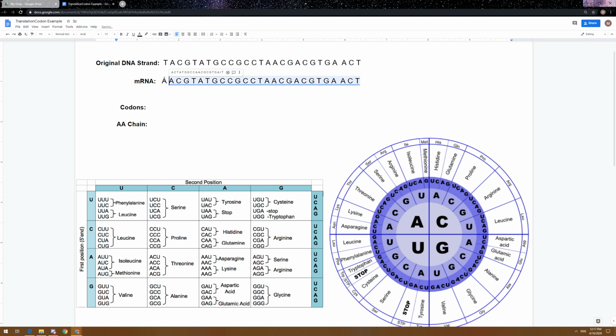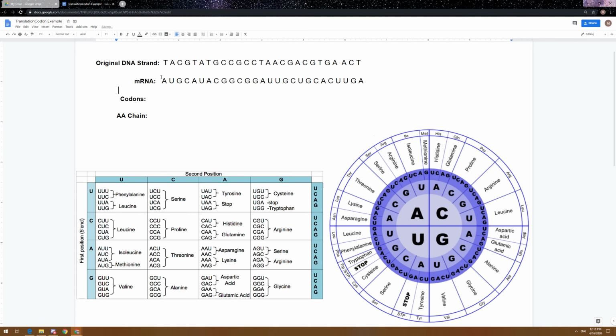So this one would be A, U, G, C, A, U, A, C, G, G, C, G, G, A, U, U, G, C, U, G, C, A, C, U, U, G, A. Okay, get rid of that space.